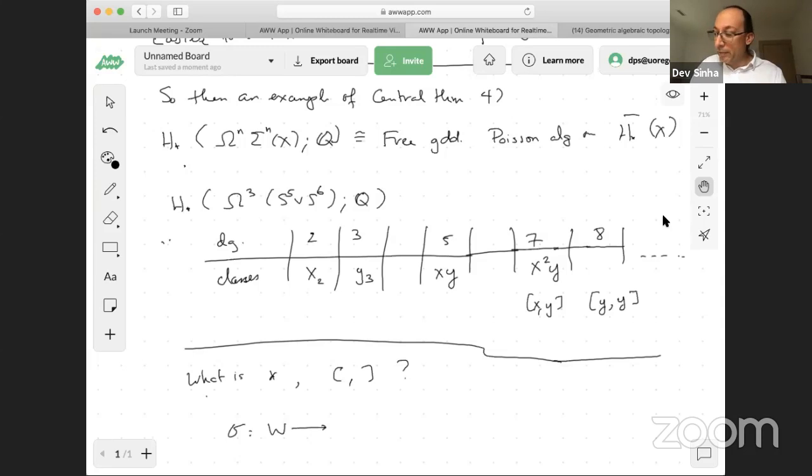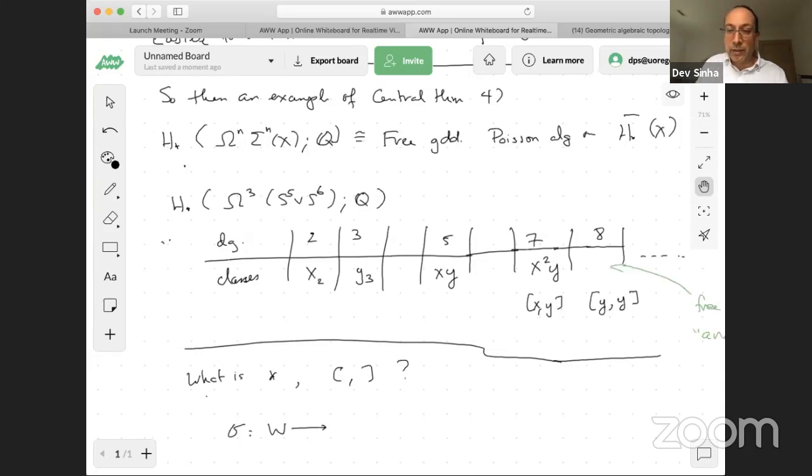And that's the answer for the cohomology, or the homology still, of loops infinity, sigma infinity, x with rational coefficients.